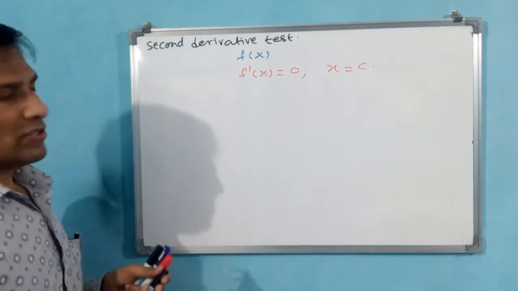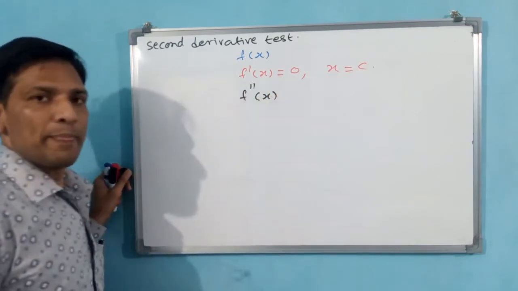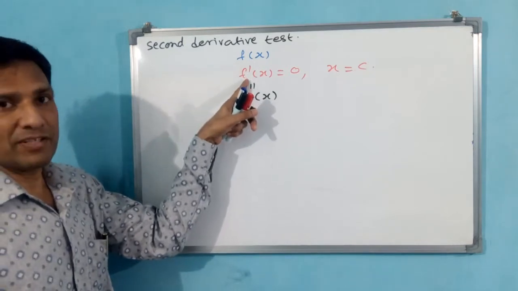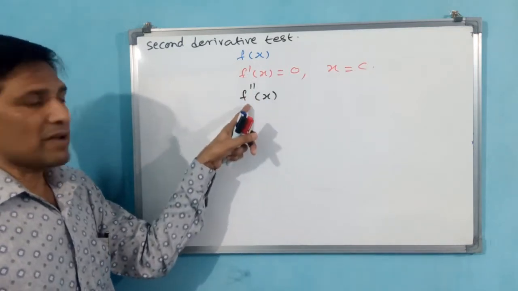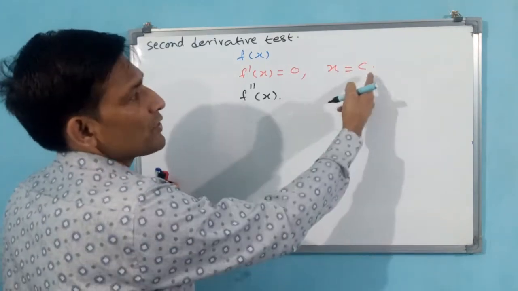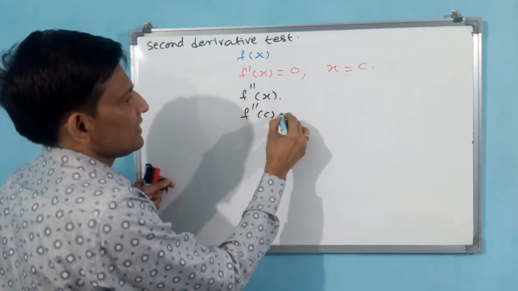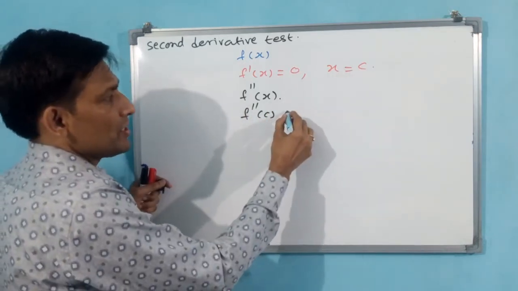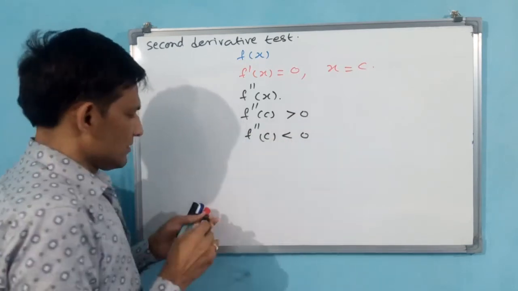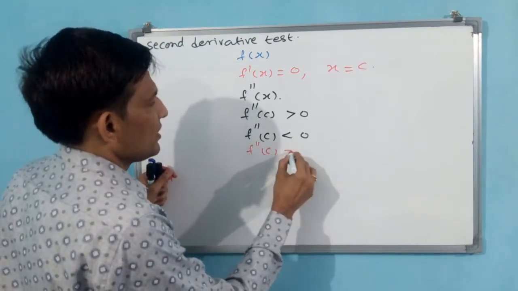Afterwards, I again differentiate to make the second derivative, f double dash x. F of x is the function, f dash x is the first derivative, f double dash x is the second derivative. Already you have c. Second derivative f double dash c is greater than 0, f double dash c is less than 0, or f double dash c is equal to 0.